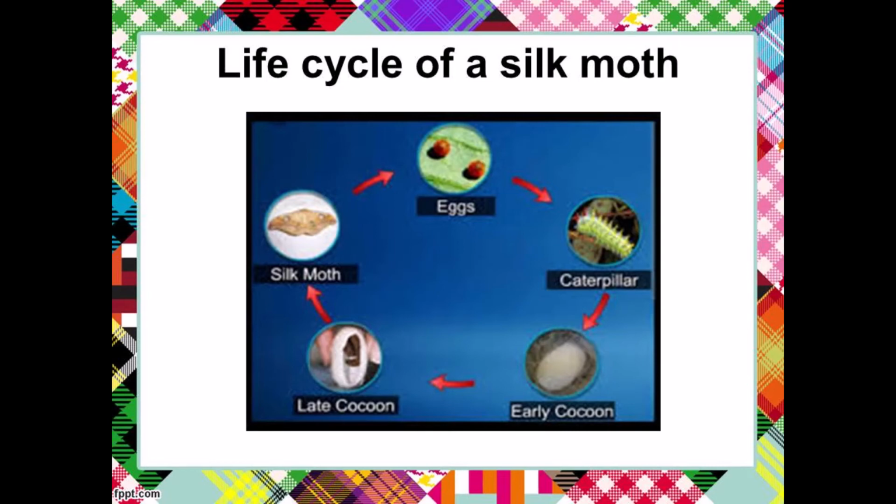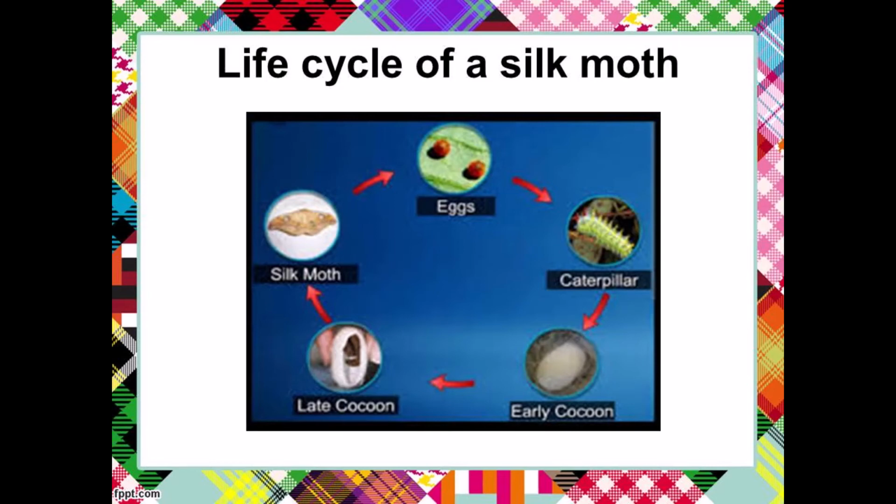And why they make these silk fibers? They make these silk fibers to protect their development stage. So the silky covering spun by the silkworm for its protection is called cocoon. In this stage, the pupa develops completely.